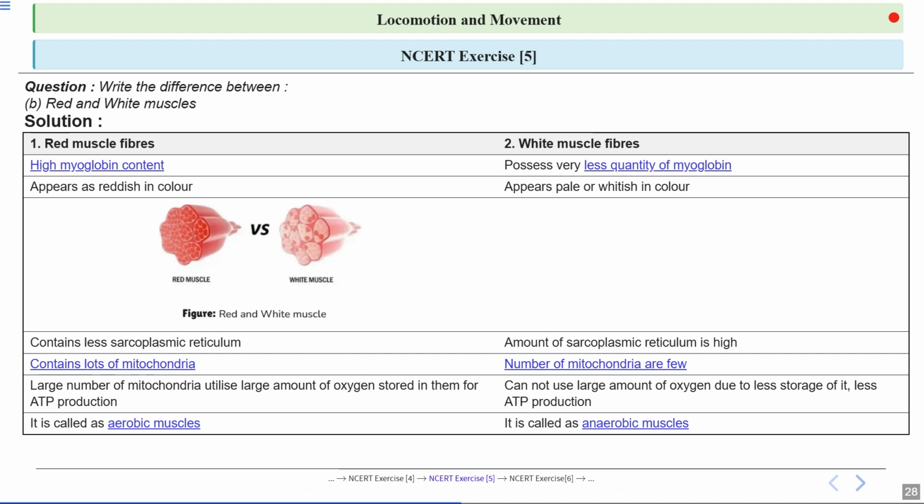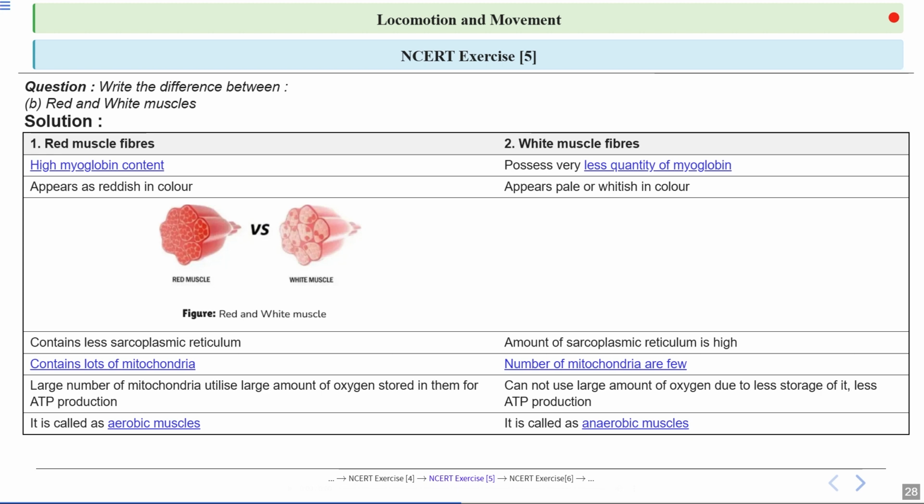Red muscle fibers contain lots of mitochondria, and white muscle fibers have fewer mitochondria. Next, in red muscle fibers, because of the large number of mitochondria, they utilize the large amount of oxygen stored in them for ATP production. White muscle fibers cannot use a large amount of oxygen due to less storage of it, which leads to less ATP production.